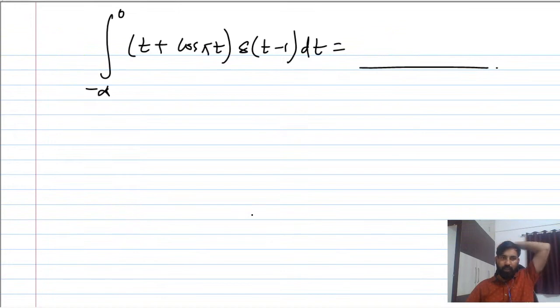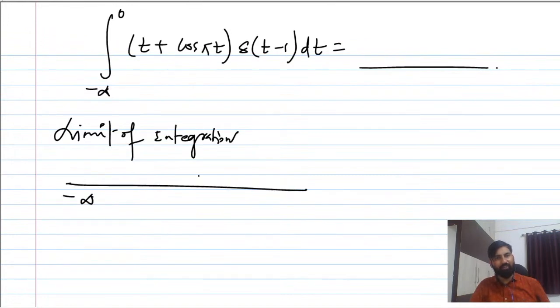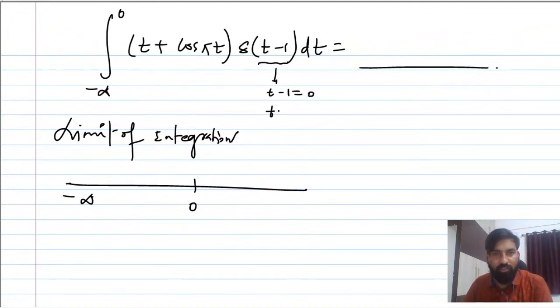You have to always check the limit of integration. The limit of integration here is from minus infinity to 0. And what is the shifting amount? The shifting amount is t minus 1 equal to 0, so t equal to 1. So the shift t naught is basically lying outside.